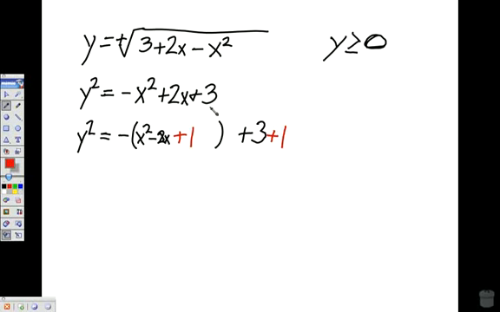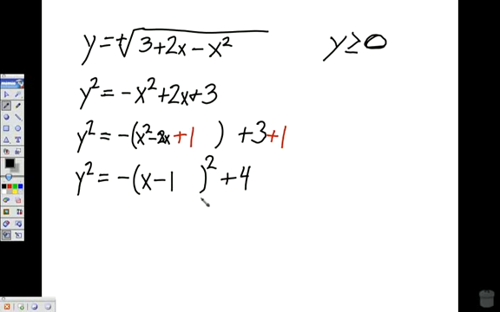We've added 0. The nice thing about doing that is now this set of parentheses here is a perfect square. It's x minus 1 quantity squared. Take a second to see why that's true, and then move on.